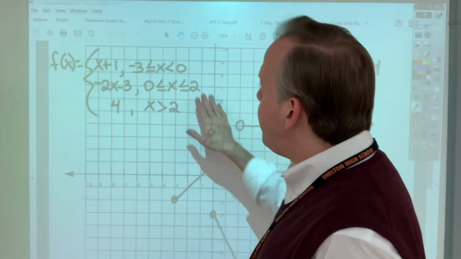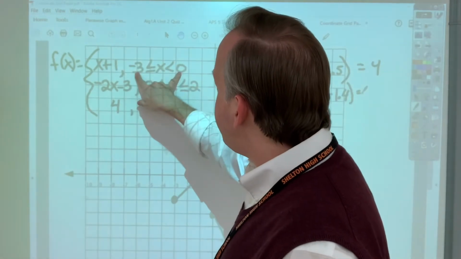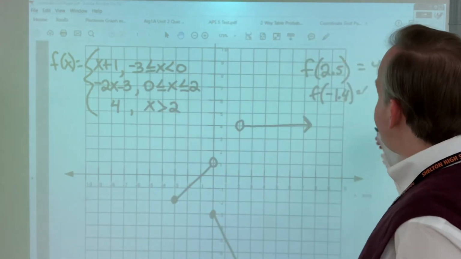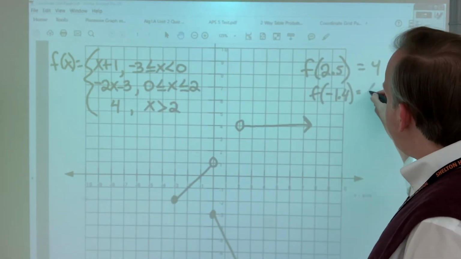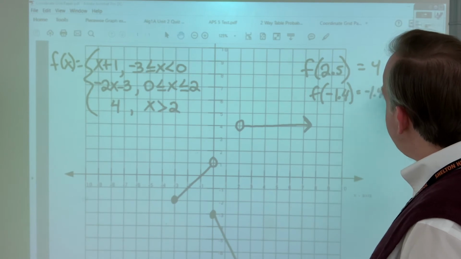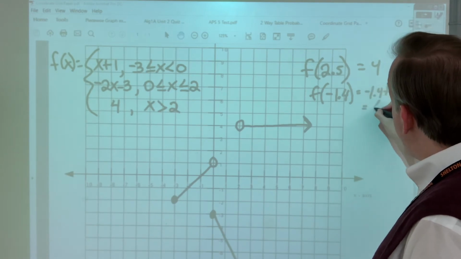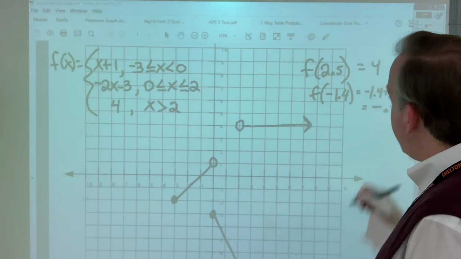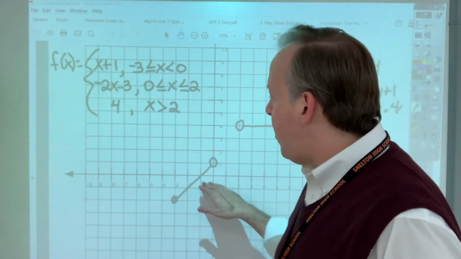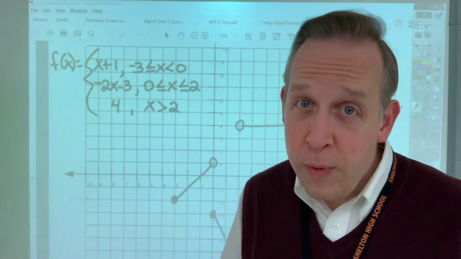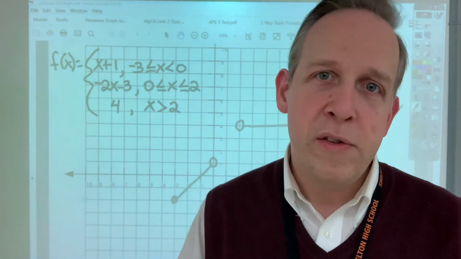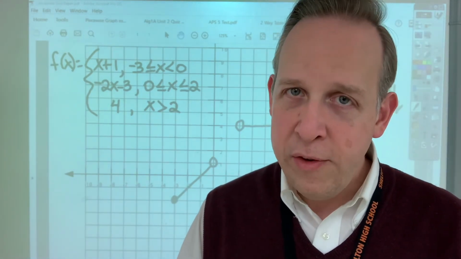Negative 1.4 falls in the interval of negative 3 to 0. So it's x plus 1. So it's negative 1.4 plus 1, which is negative 0.4. So even without having the graph as an easy way to solve, we have the equations to plug it in and solve accordingly.